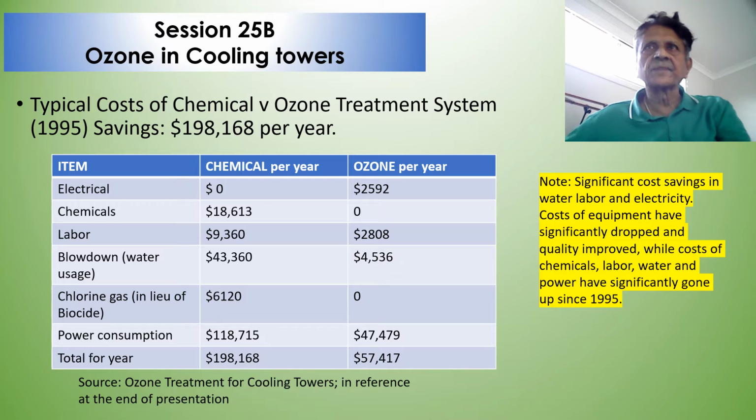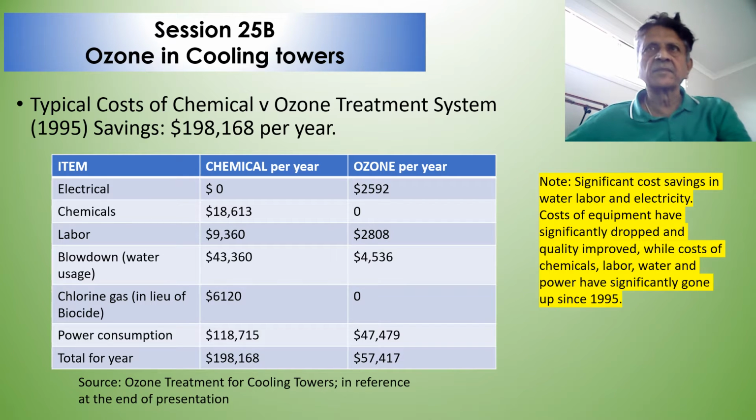If you look at the cost, you'll find when you use chemicals, there's not much of an electrical cost other than the dosing pumps, which are very small costs. The chemical cost per year is 18,613. It's almost $1,500 a month.